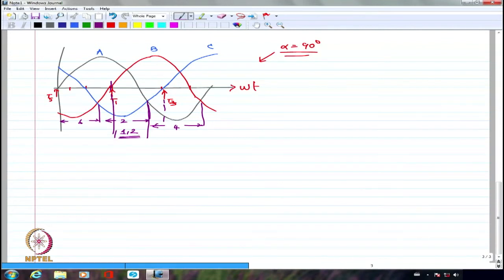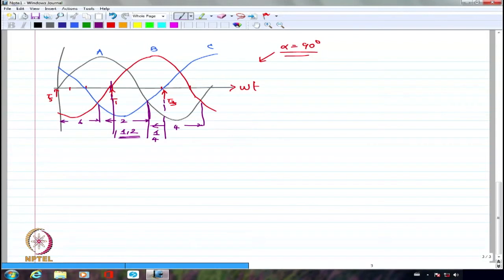After that, what happens? When 1 and 2 are conducting, it is VAC. We are very sure of that. That's not a problem. After that, here 1 and 4 conduct. And 1 and 4 are in the same leg. They are not in 2 different legs. So it will freewheel.